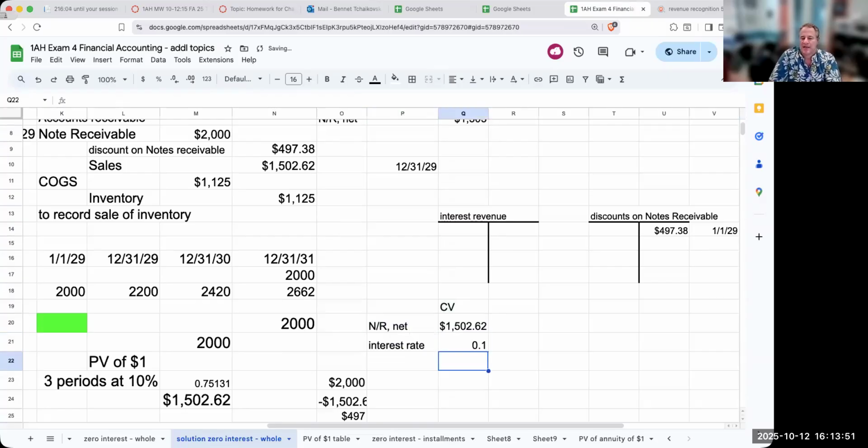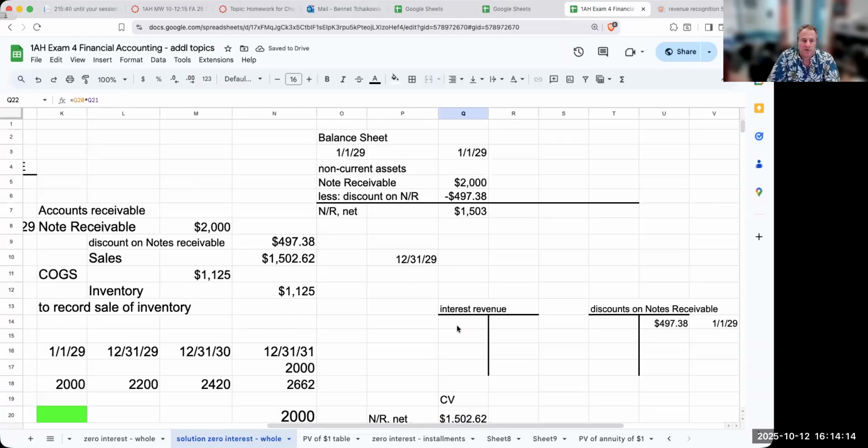My interest rate is 10%, right? That's what I discounted this back. By the way, if the interest rate changes, we don't care. We use the market rate of interest, or the relevant rate of interest, when we did the initial present value computation. So my interest revenue is going to be right over here at 150.26.